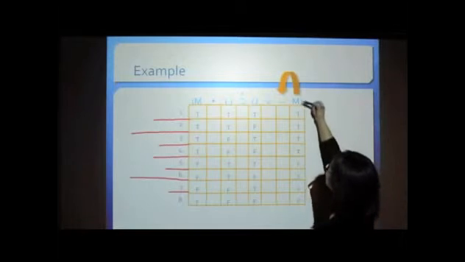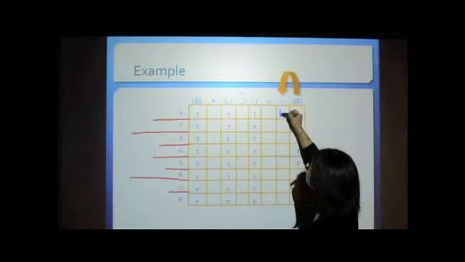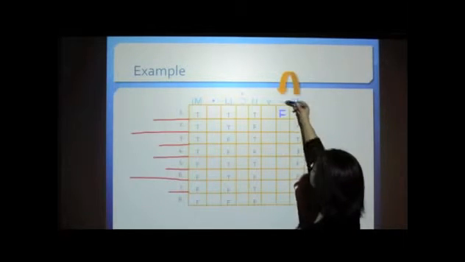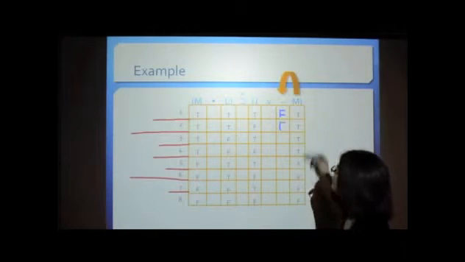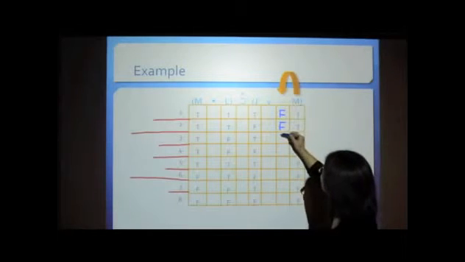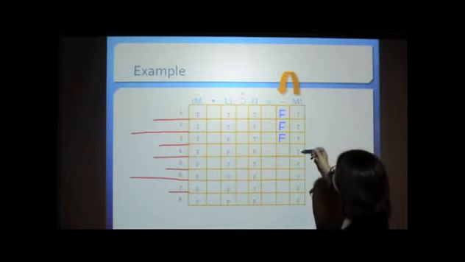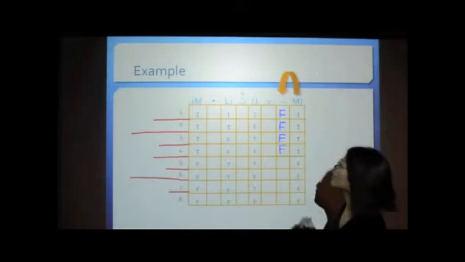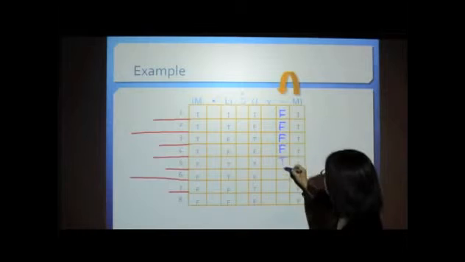So if M is true, then tilde M is going to be false. And if M is true again, then tilde M will be false. And again, if M is true, then tilde M will be false. And if M is false, then tilde M will be true.